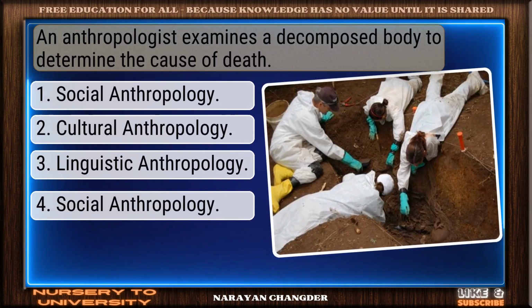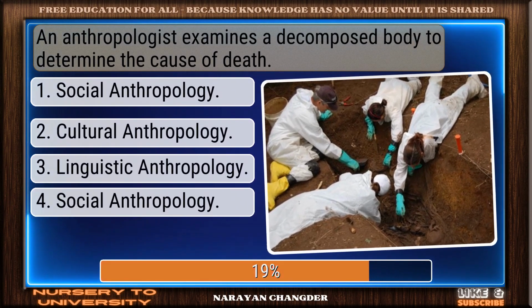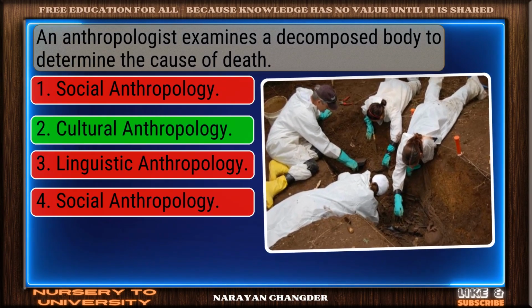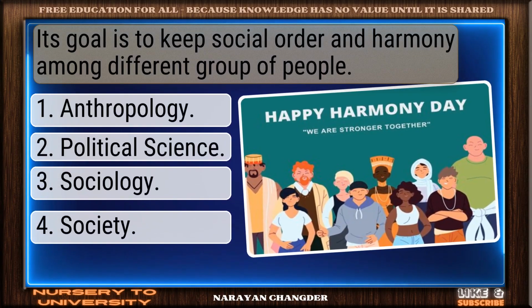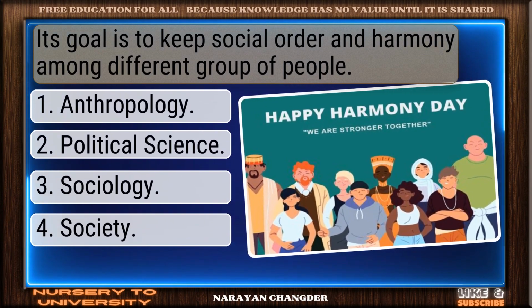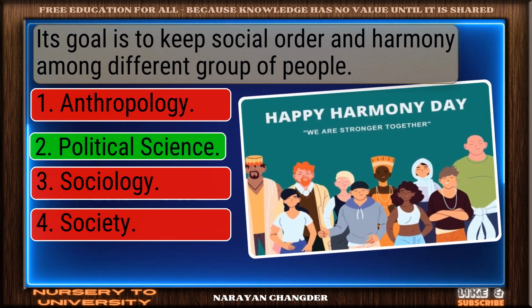An anthropologist examines a decomposed body to determine the cause of death. Valid point. Cultural anthropology is true. Its goal is to keep social order and harmony among different groups of people. Bravo!